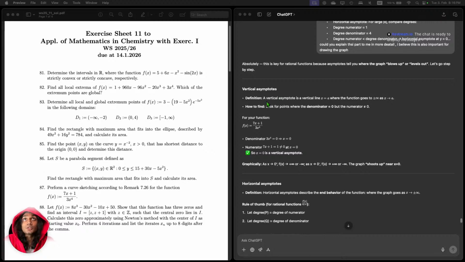Vertical asymptotes definition. A vertical asymptote is a vertical line where a function goes to plus infinity or minus infinity. How do you find it? Look for the points where the denominator is zero, but the numerator is not equal to zero. So for your function, the denominator is zero when x equals zero.